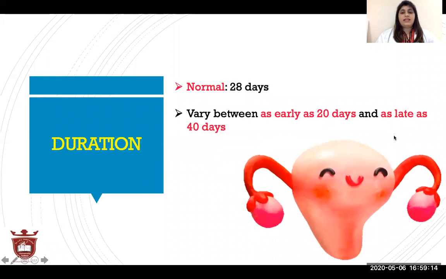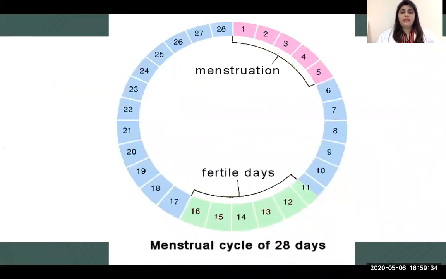Each menstrual cycle is of 28 days. This is a physiological value, but if it comes as early as 20 days or as late as 40 days, then still it is normal. Each menstrual cycle begins at the first day of menstruation.